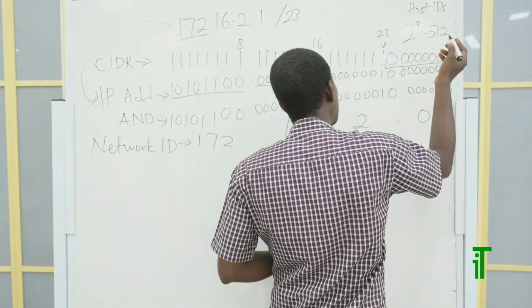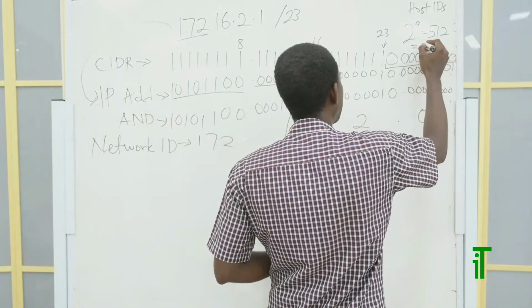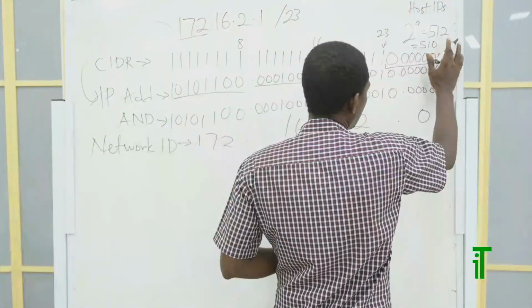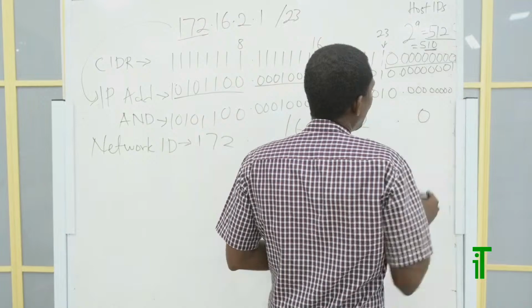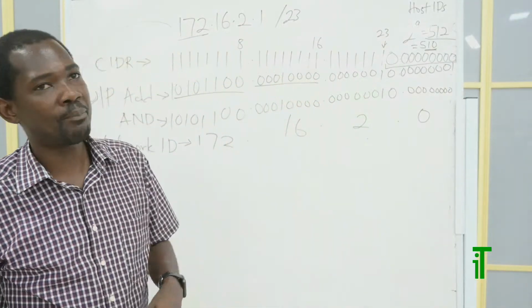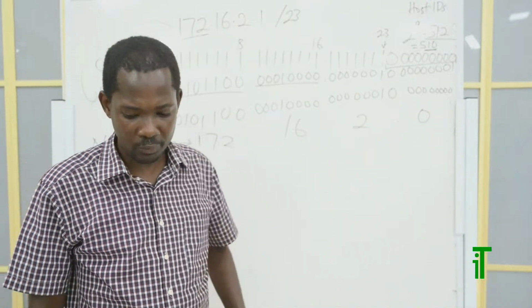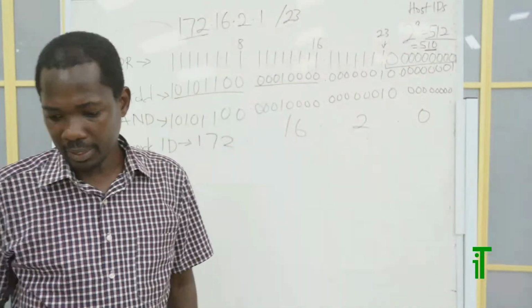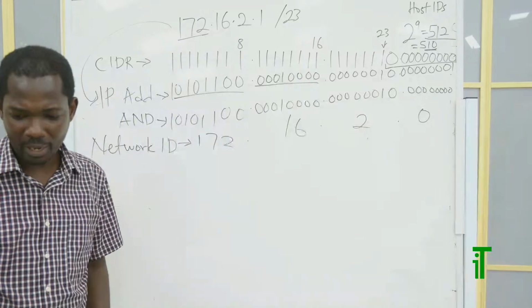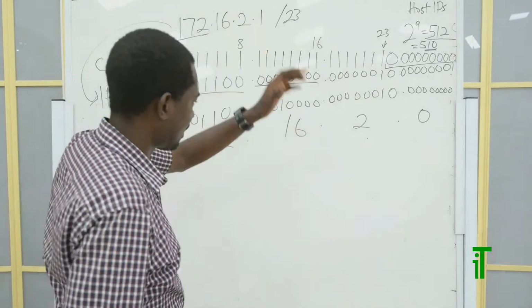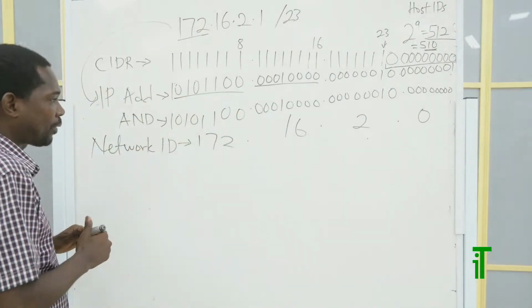512, but the usable IP addresses will be 510, that is minus 2. So these are the number of IP addresses on the network 172.16.2.0. Let me write the range of IP addresses.